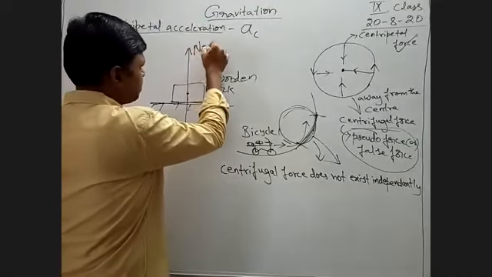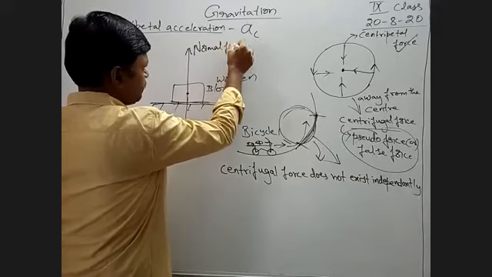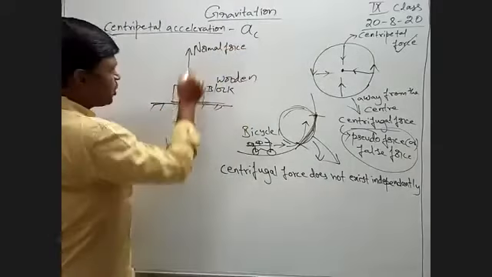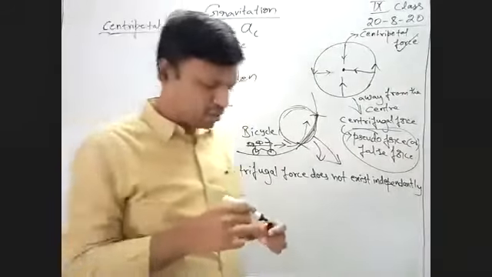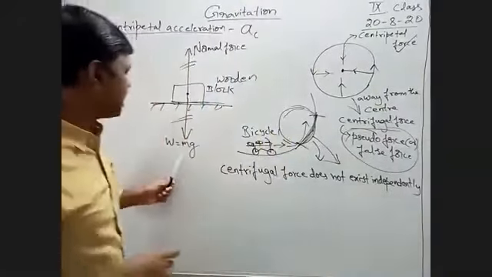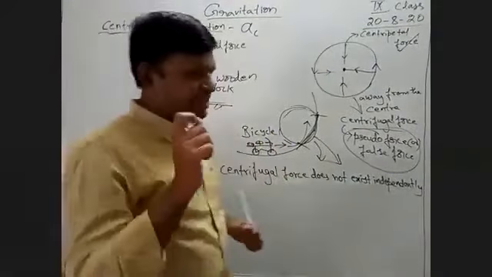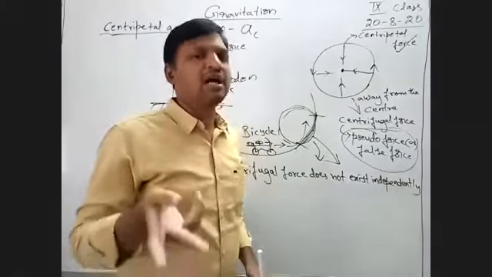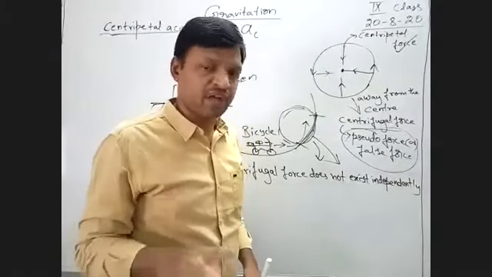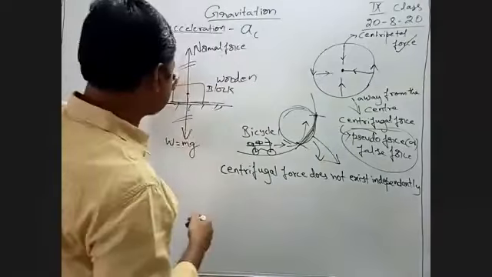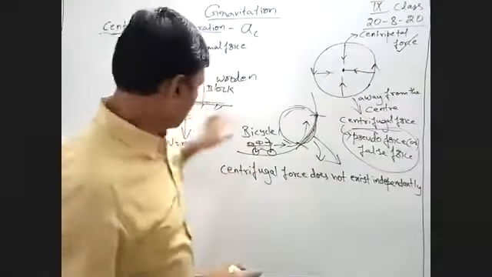As the weight and normal force are equal in magnitude and opposite in direction, they cancel each other, so that the object is stable.